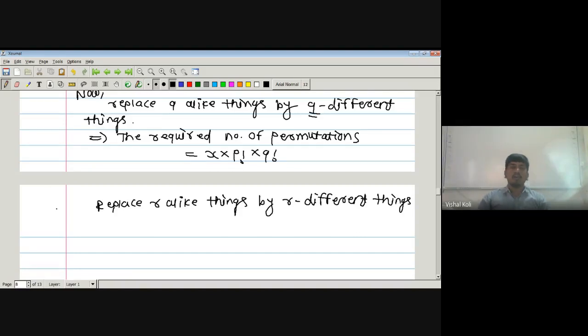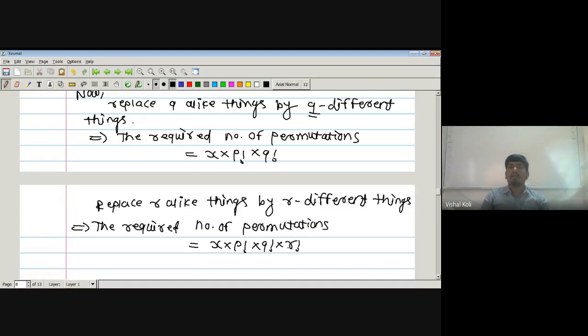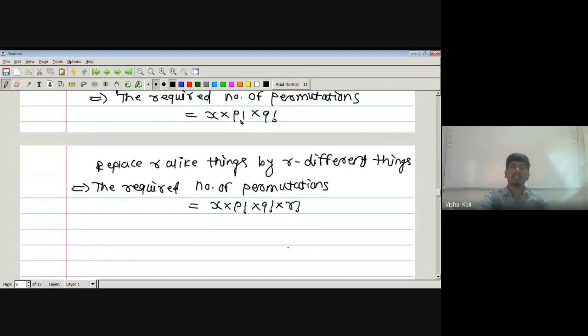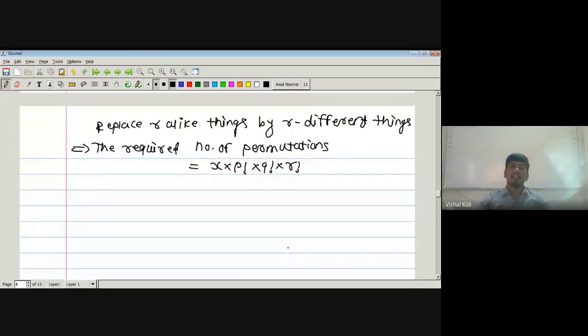So now the required number of permutations is equal to x into p factorial into q factorial into r factorial. These are the only things which are alike of first, second and third kind, and all the remaining things are already given as different.